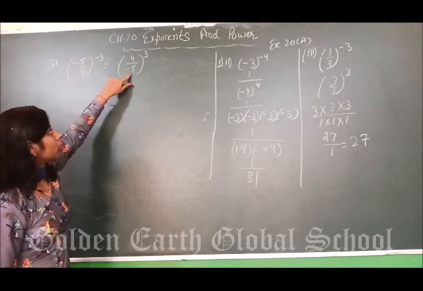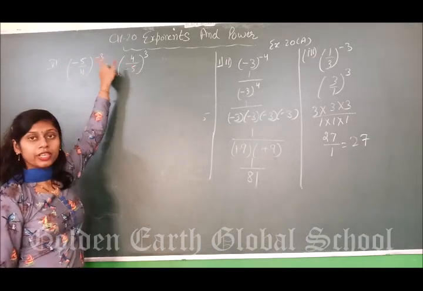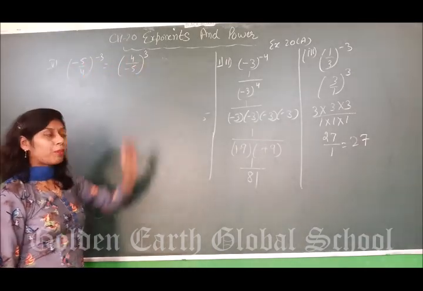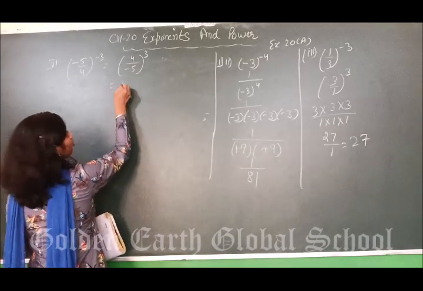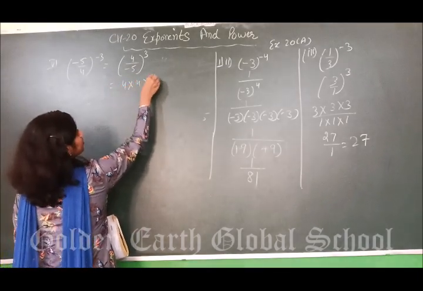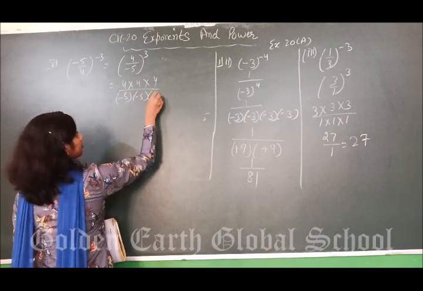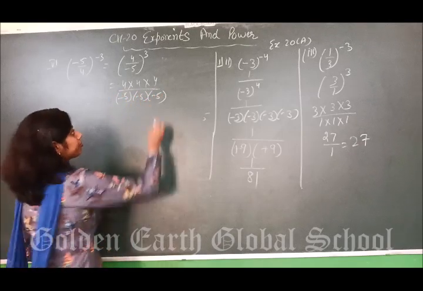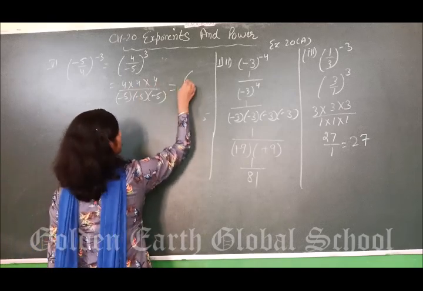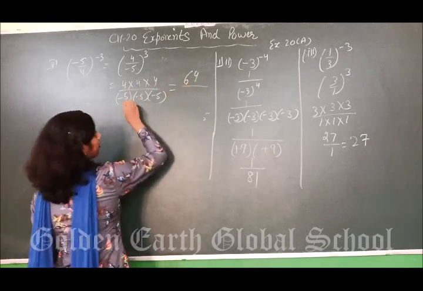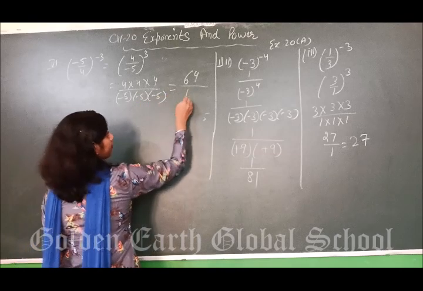The numerator will shift to the denominator and the denominator to the numerator. Negative power will become positive. Now multiply 4 3 times, and minus 5 again 3 times. 4 4s are 16. 16 4s are 64. 5 5s are 25. 25 into 5 is 125.